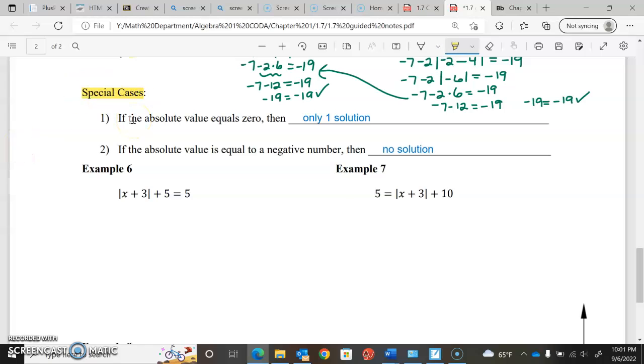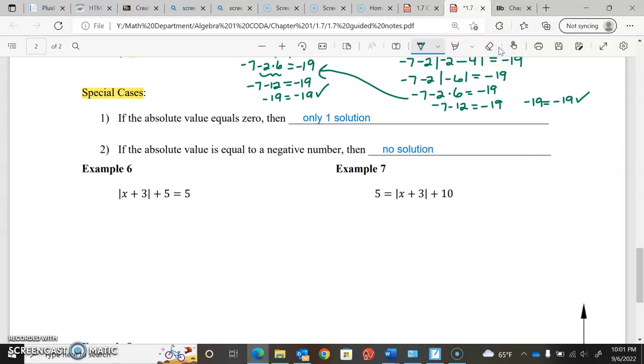The first one is if the absolute value equals 0, then there's only one solution. And you'll see why in a second here in example 6. And then the second special case is if the absolute value is equal to a negative number, then there's no solution. So you're going to see that here in example 7.